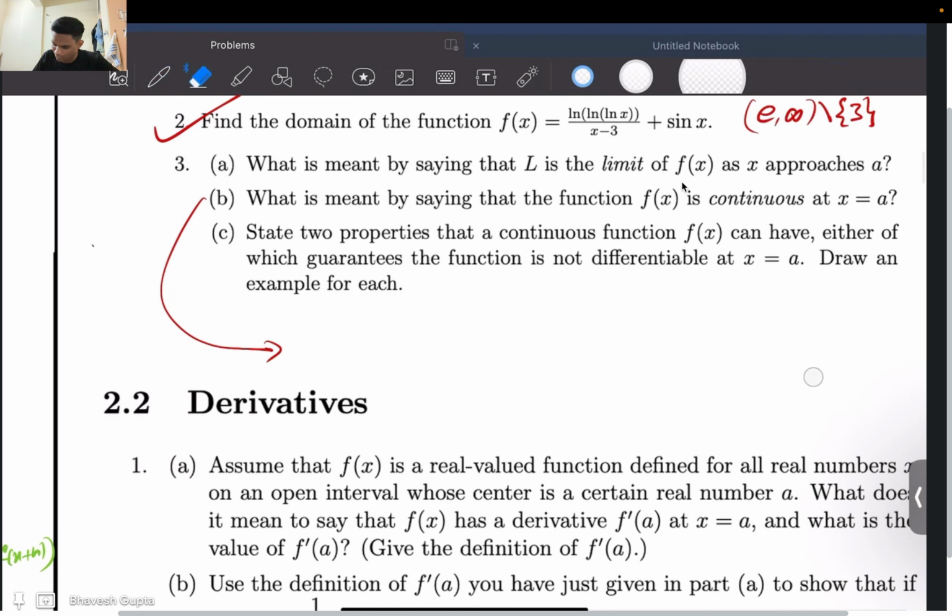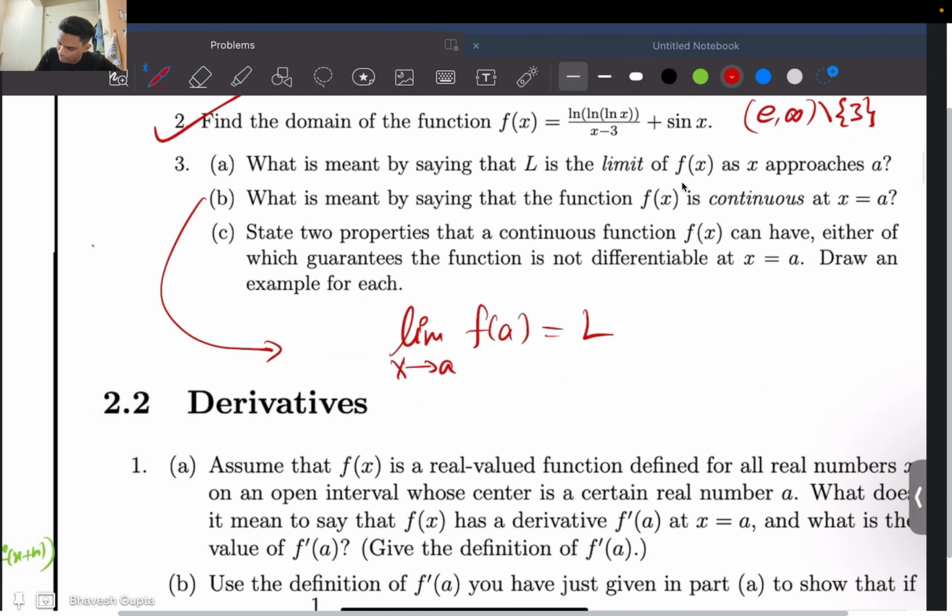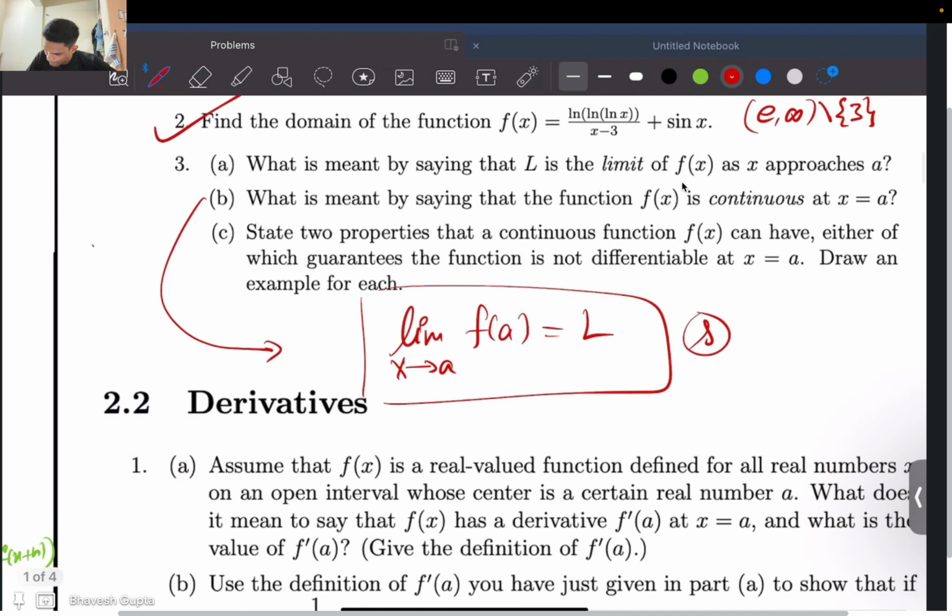In math language I would write limit x tends to a, f of x equal to L, and I would say a is contained in the domain of f.